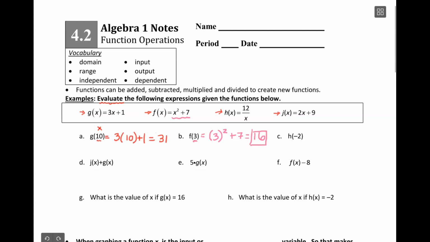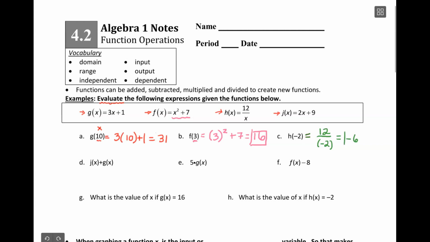Okay. And then the last one, h. So h is 12. It's a new problem. H is 12. The x is in the denominator, so we've got 12 over negative 2. So this is negative 6.